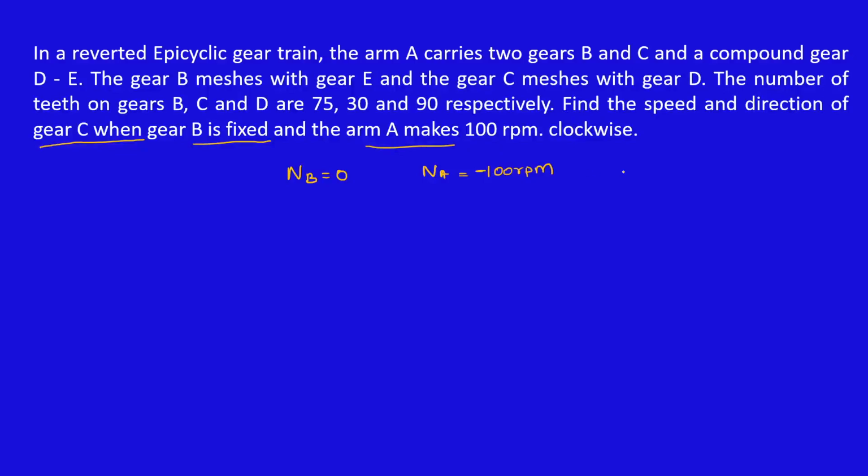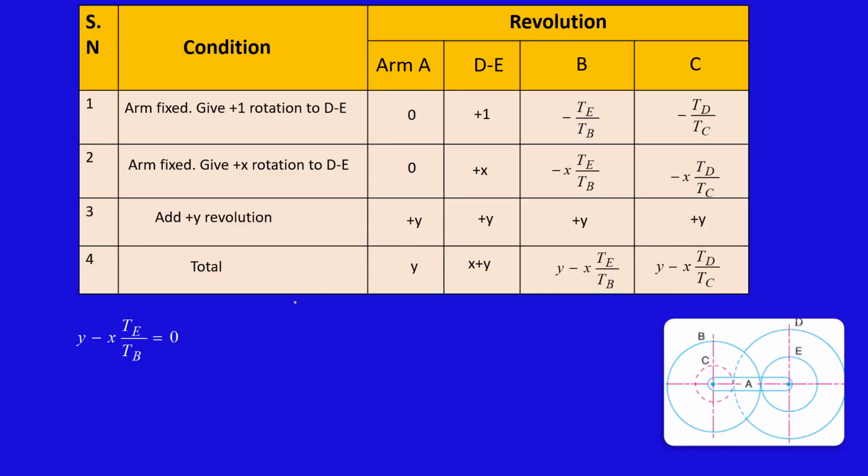Clockwise means minus, counterclockwise means plus. This is what we are using. Let us take these parameters to the table. NB equals 0, which means y minus x TE by TB equals 0. Again, y equals minus 100.